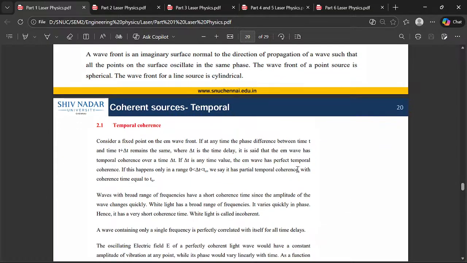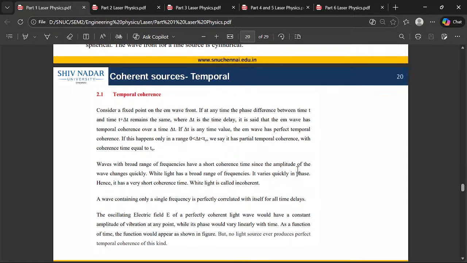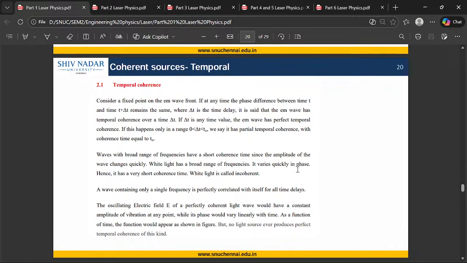Okay, there are two types of coherence. That is temporal coherence, and then there is spatial coherence. Now let's take a fixed point of a wavefront.